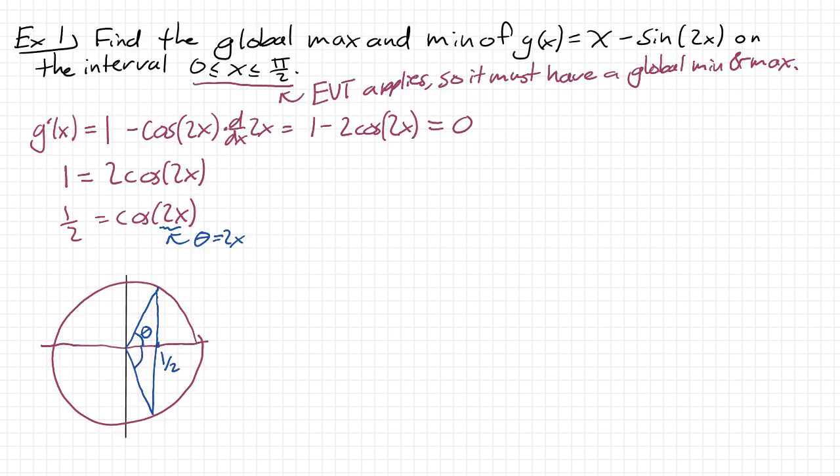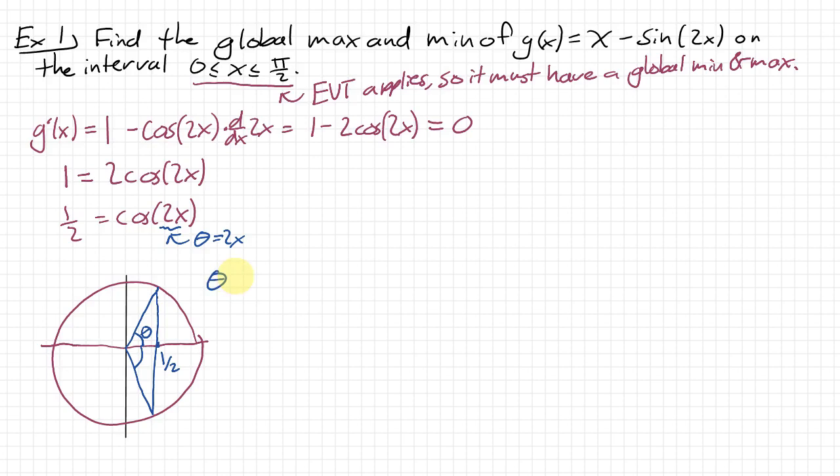And you remember that it takes a 60-degree angle to get cosine to be 1/2, and it also has another negative angle down here, but we're actually not allowed to plug in a negative angle into this because x has to be positive. So if x is like negative pi over 3 here, then that won't work.